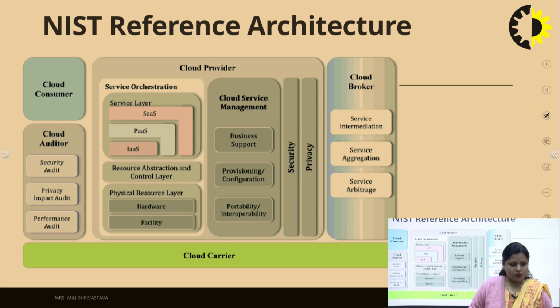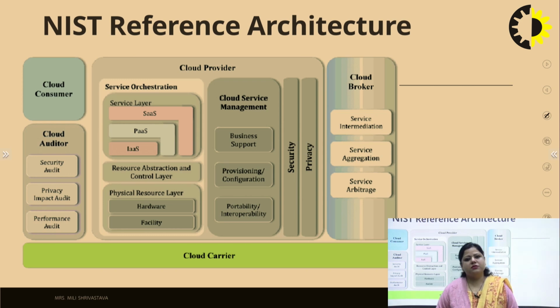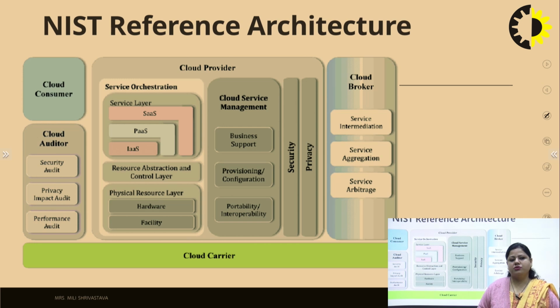So, choosing services dynamically based on cost or performance, like if we require a service only for 2 hours, we can purchase that particular service on the basis of time period. So arbitrage is basically choosing services dynamically based on cost or performance.